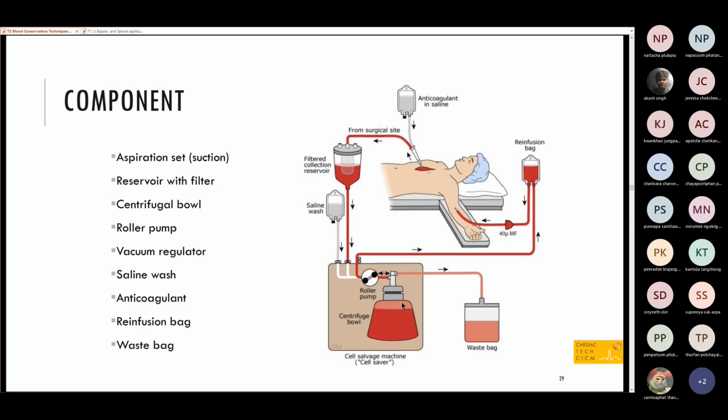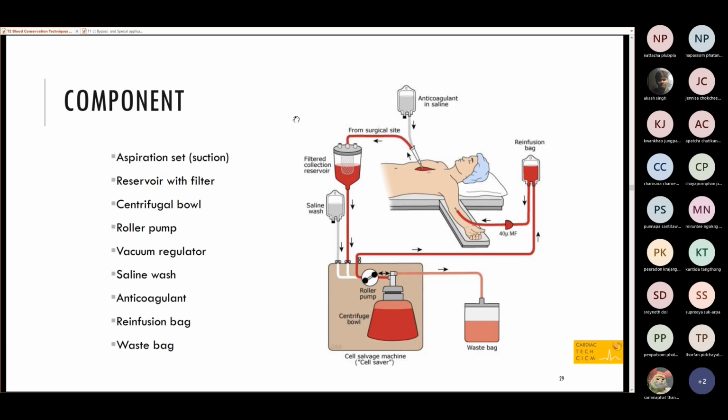Above this is the waste fluid and saline that we are going to remove into this bag. So if we spin and mix the blood from the reservoir, it will wash out. After washing, we give it back to the reinfusion bag here, and we can prepare it and have it ready to reinfuse to patients.